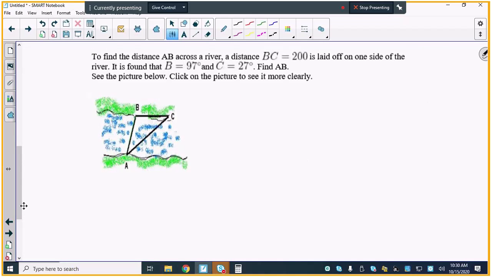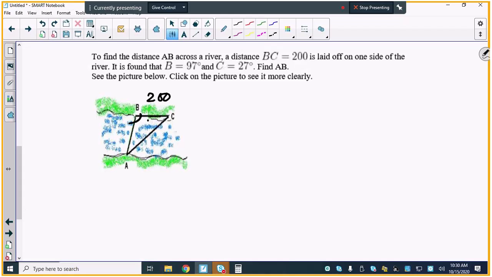Similar question, to find the distance AB across a river, a distance BC, 200 units, is laid off on one side of the river. So BC is clearly here, and that is 200 units. It is found that the angle B is 97 degrees.